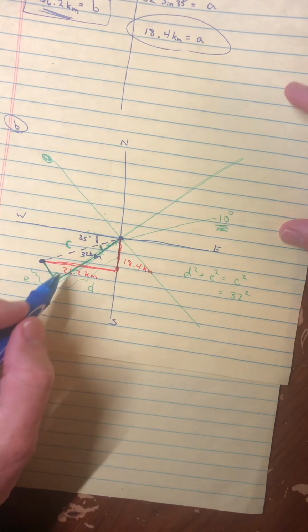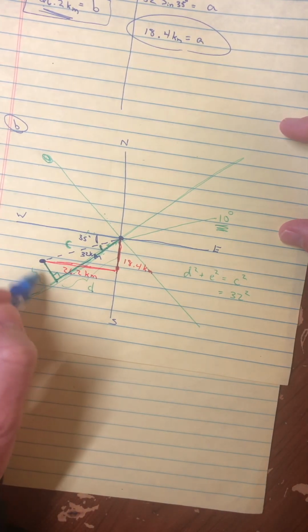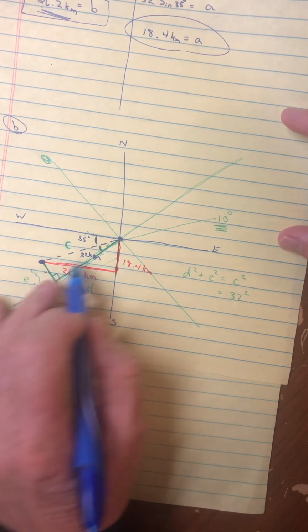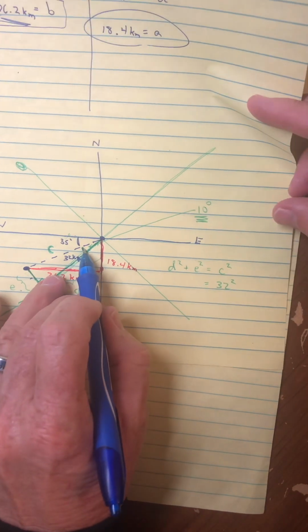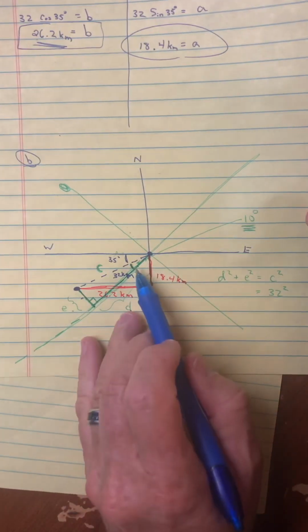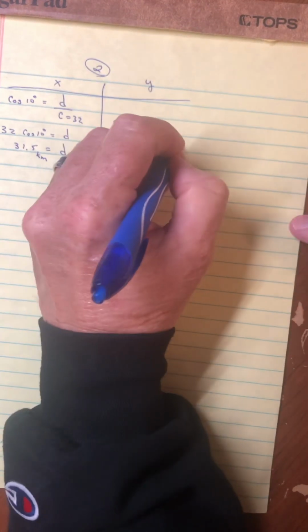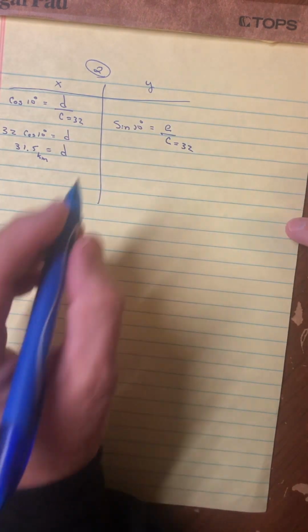And then after the plane gets to here, they make a turn, they would do this E part. Now notice this E is opposite of this small angle, which is 10 degrees. So that would be sine of 10 degrees. So the sine of 10 degrees would be E over C. And again, remember, the C is 32.